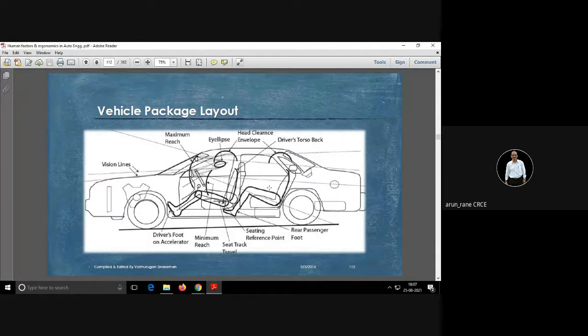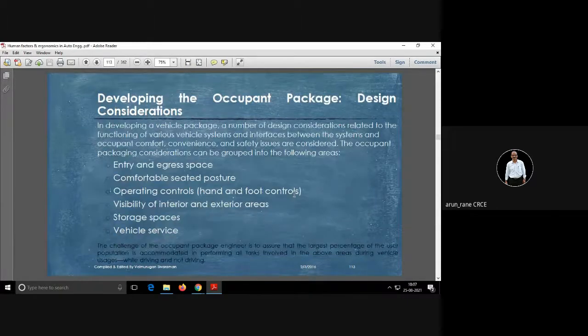The people who are sitting along with the riders should also be comfortable, isn't it? So this is the rear passenger's foot. Sometimes the seats are designed in such a way that they can make an angle of 30 degrees also. So the rear passengers, or the passengers accompanying the riders, can sleep, can take a rest.